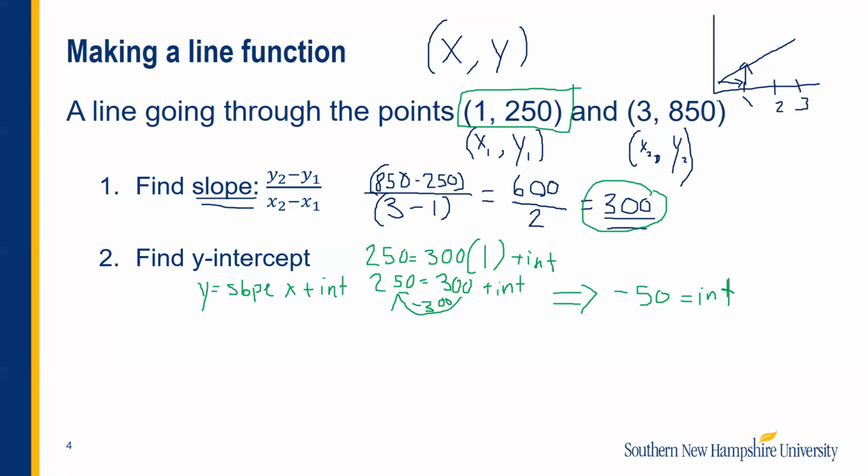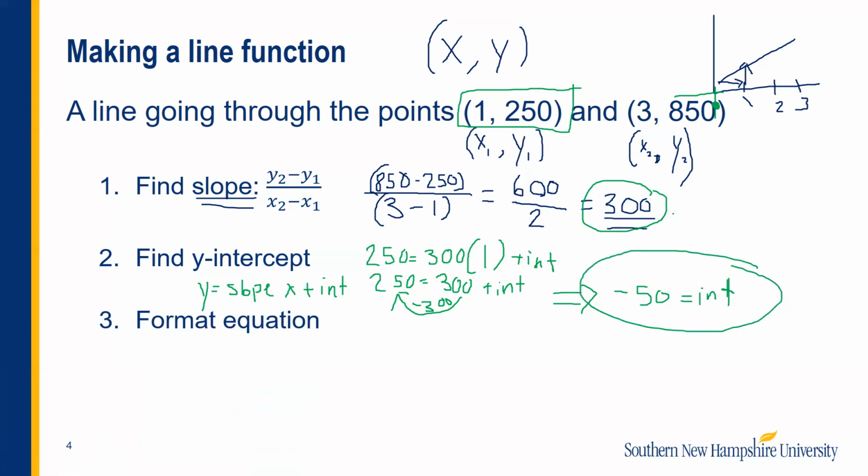That's the point where it hits our axis. So way down here at negative 50 on this graph, it would hit our y-axis at negative 50. And so now we can put it all together. We have both values. We have our intercept and our slope.